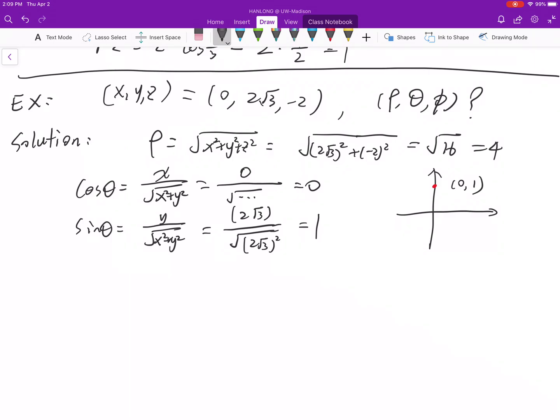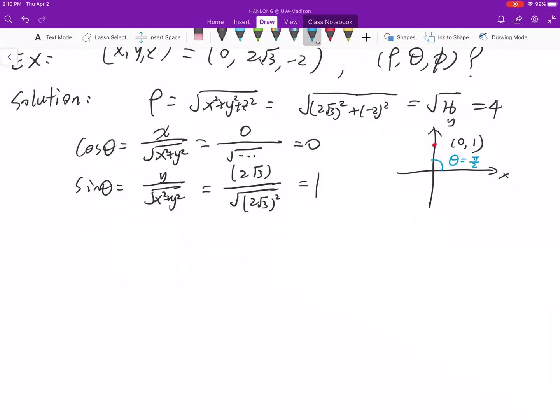So this is in xy coordinates, and then the angle corresponding to it, angle theta, is just pi over 2. So here you have theta equals pi over 2.